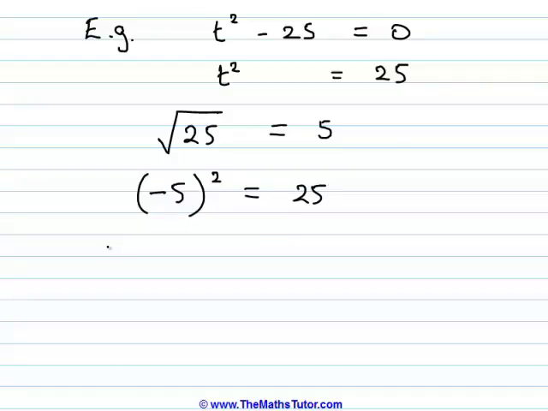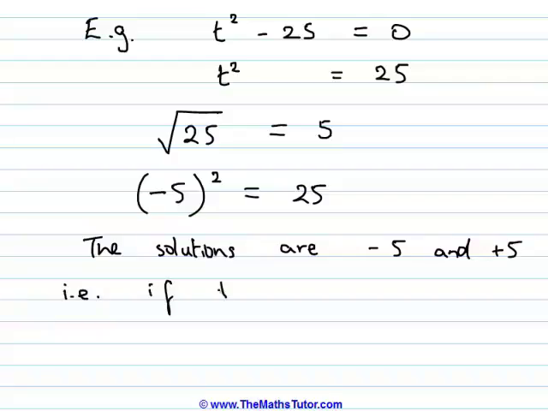So again we have two solutions. The solutions are minus 5 and plus 5. So we can say that if t squared equals 25, then t is plus or minus 5.